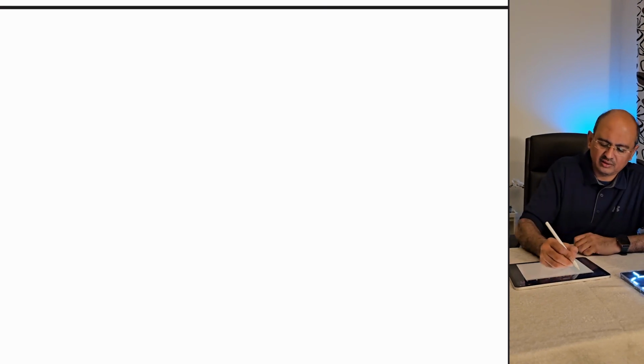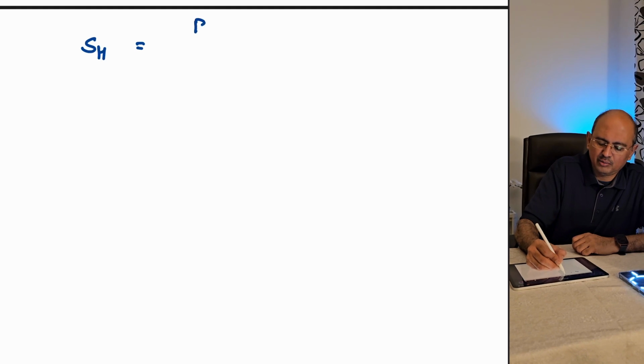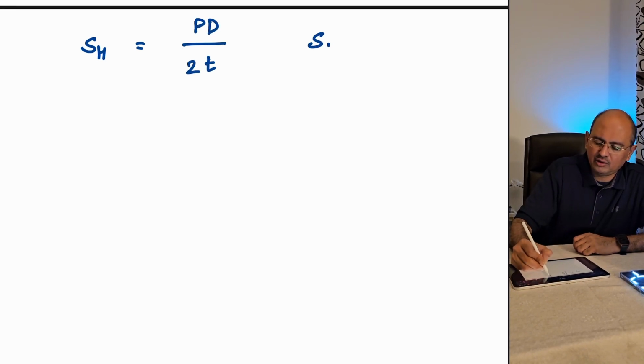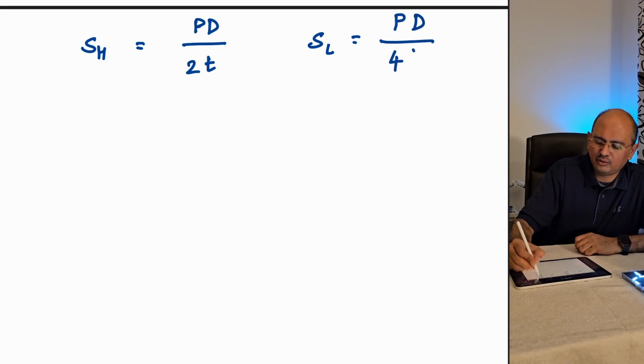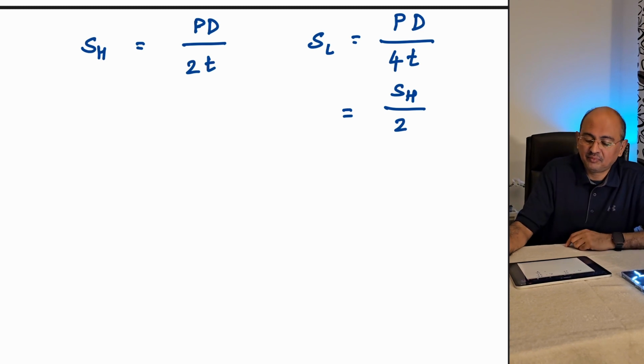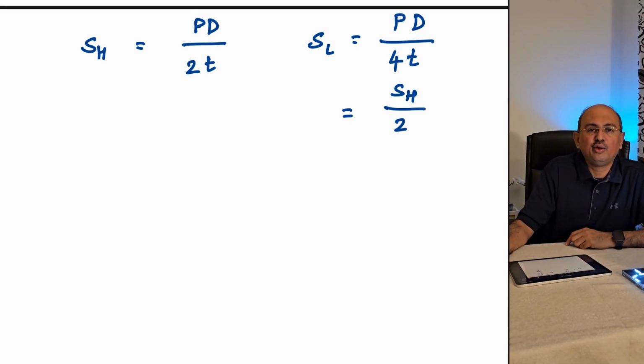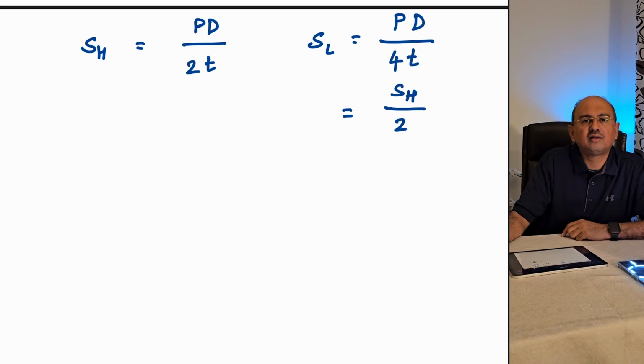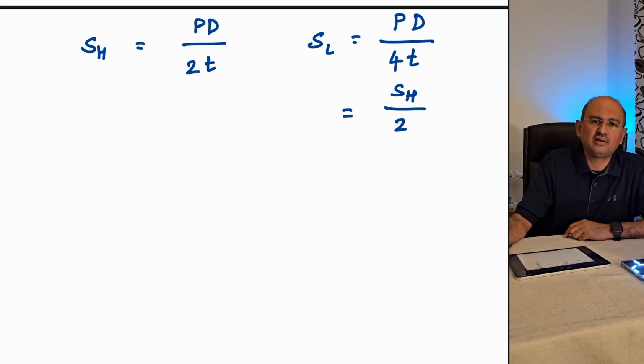You will notice that in the first lecture we saw hoop stress, which was PD upon 2T, whereas longitudinal stress is PD upon 4T, which is nothing but SH by 2. So longitudinal stress in the pipeline due to pressure is half of the radial stress.